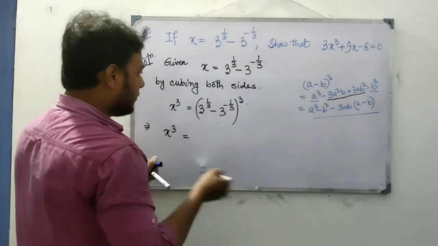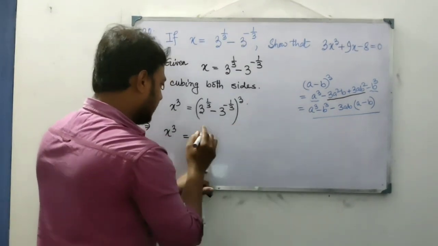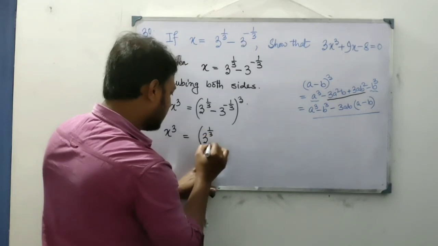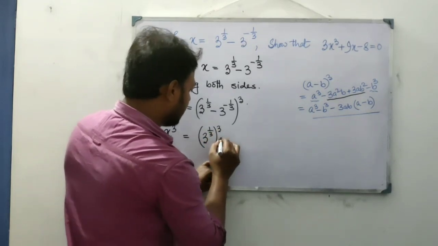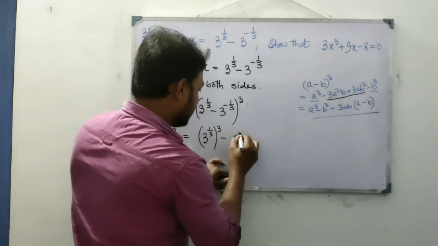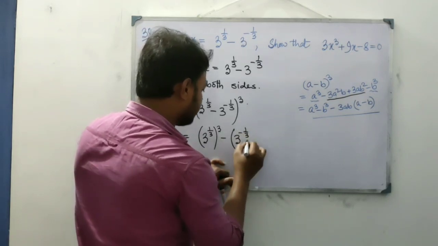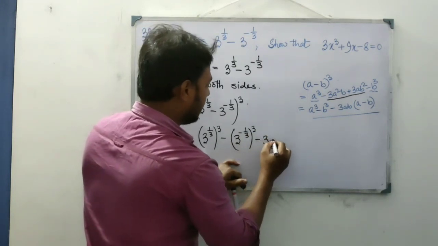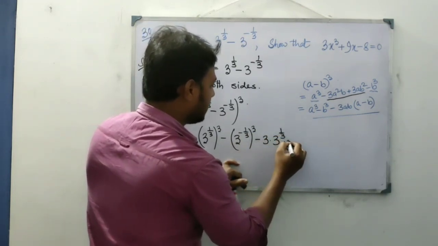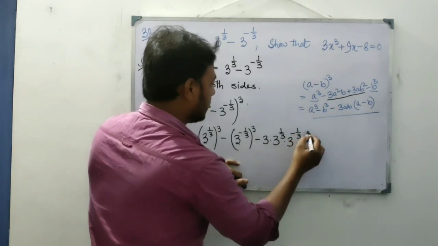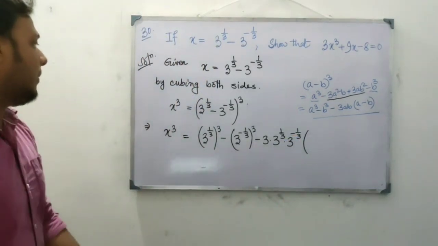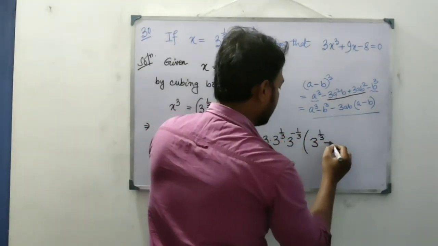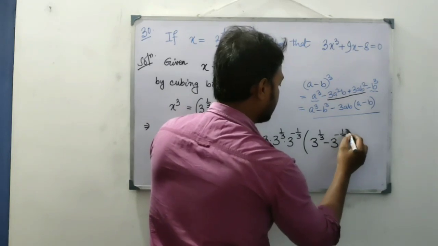If we use this form, this is our a, this is our b. So 3 to the 1 by 3 whole cube means 3 itself, minus 3 to the minus 1 by 3 whole cube, minus 3ab, that is 3 to the 1 by 3 into 3 to the minus 1 by 3, into a minus b, that means 3 to the power 1 by 3 minus 3 to the power minus 1 by 3.